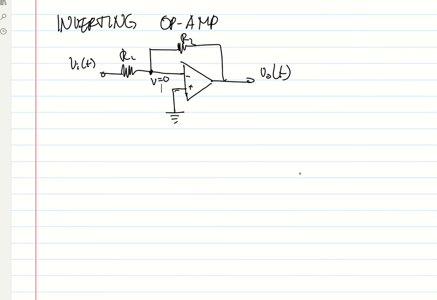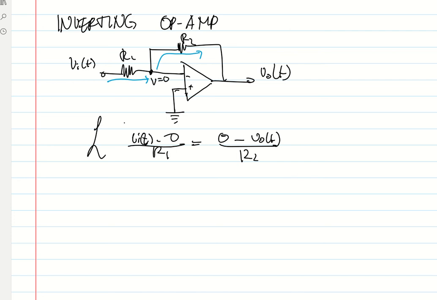Then we can apply, again, that the current here is the same as the current here. Repeating the process, because this is 0, V in minus 0 divided by R1 is the current, and that is equal to 0 minus V out all over R2.